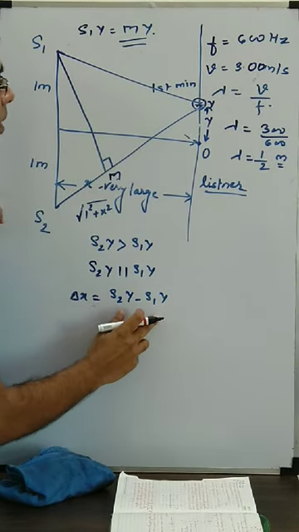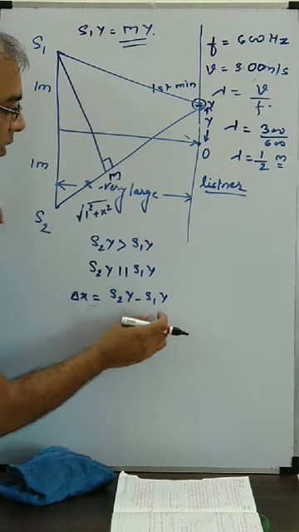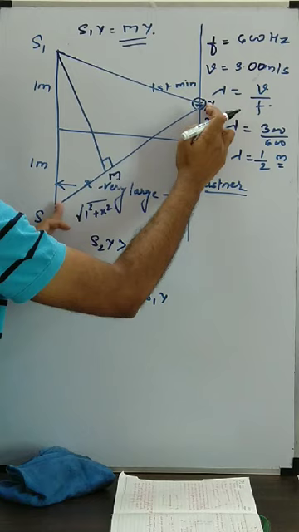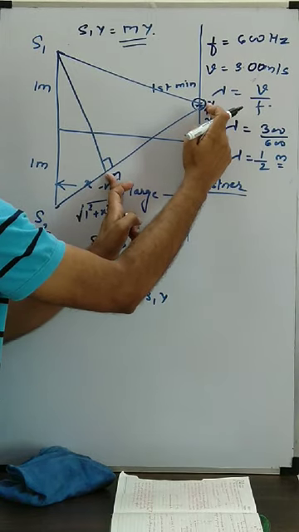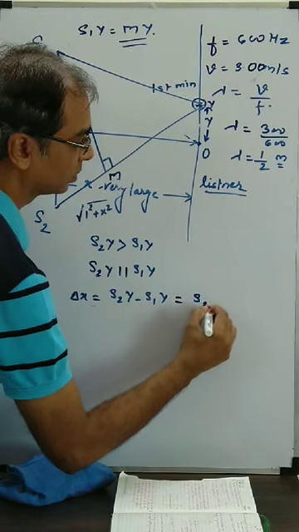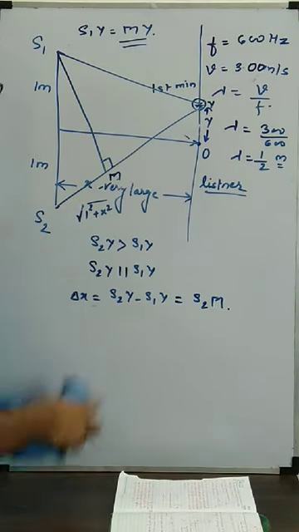Then what is S2y minus S1y? Since S1y is equal to My, here I am going to put My. So S2y minus My will be what? S2M. This will be S2M.